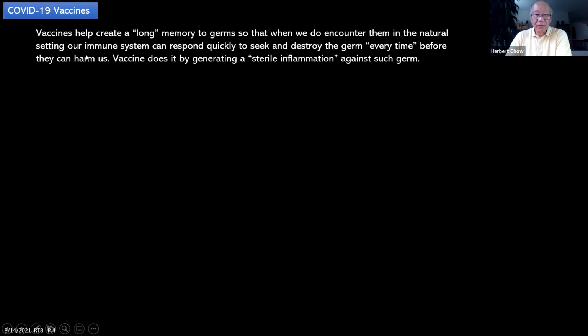That's all it does. A vaccine does it by generating what I call a sterile inflammation. So the virus gives us an infection, and the vaccines are giving us a sterile inflammation so that it can provoke the immune response to recognize whatever germs we wanted to remember, okay?